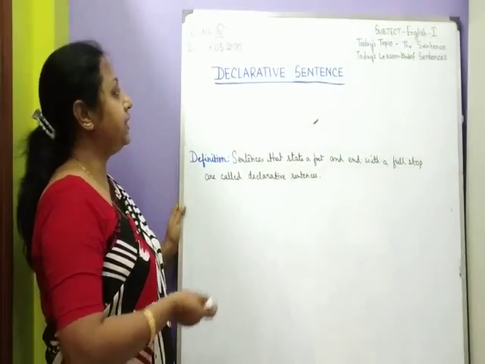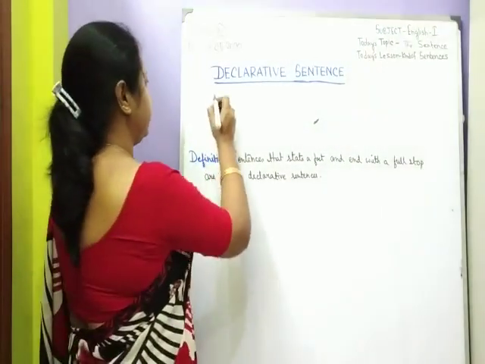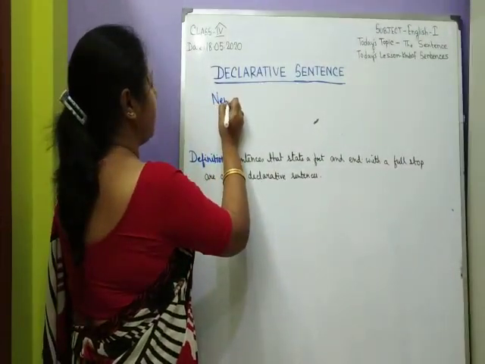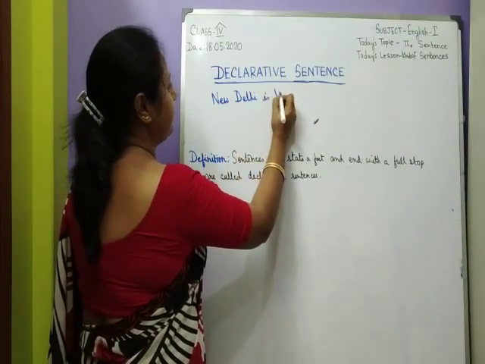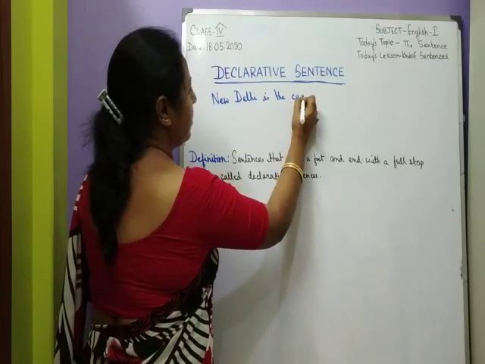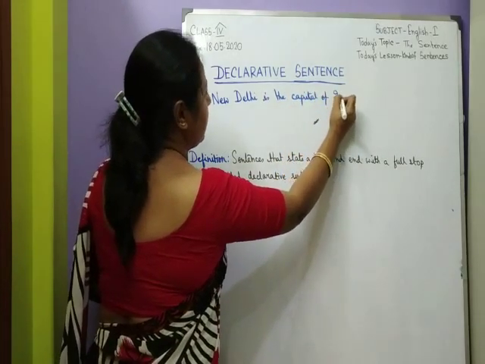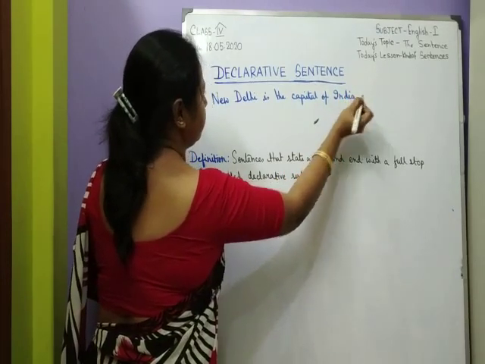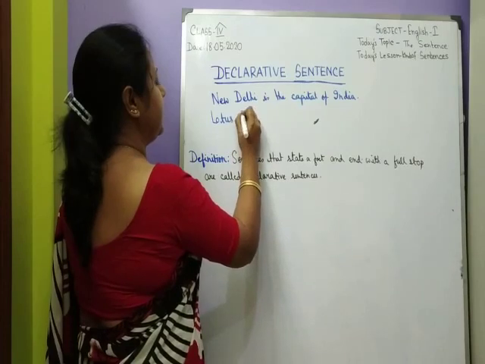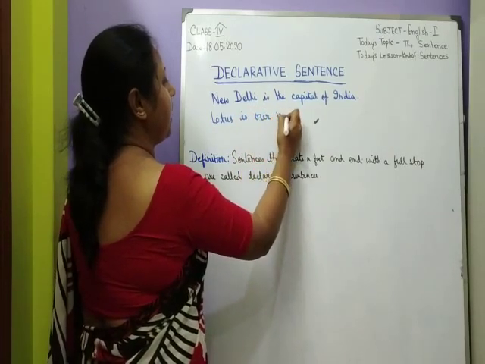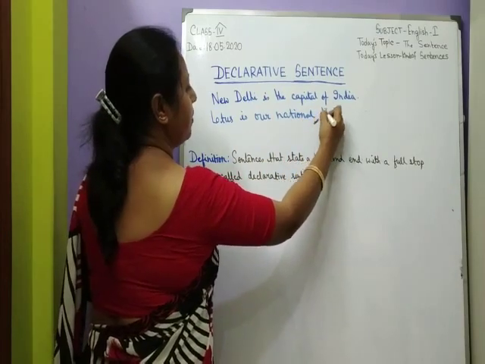Let us start with the declarative sentences. Let me write 2 sentences. New Delhi is the capital of India, and lotus is our national flower.